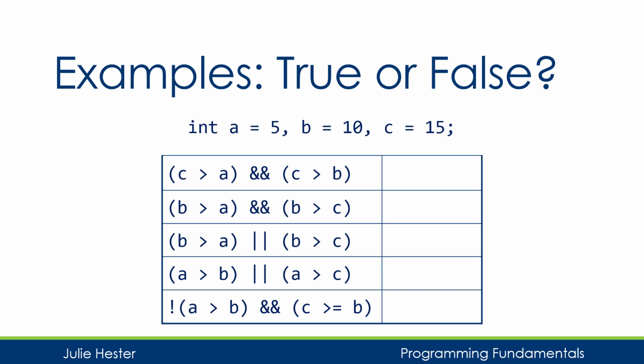On the right-hand side, I'm going to compare c to b, and I'm going to say, is 15 greater than or equal to 10? That is true, and so I have true and true, so the overall expression is true. And so here I'm showing each of these values that we worked out in these 5 examples.